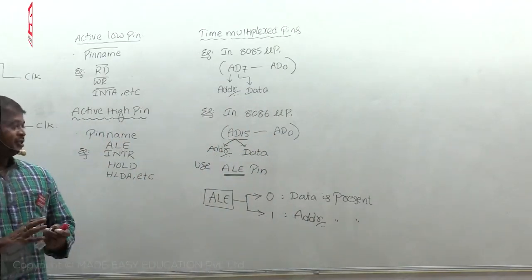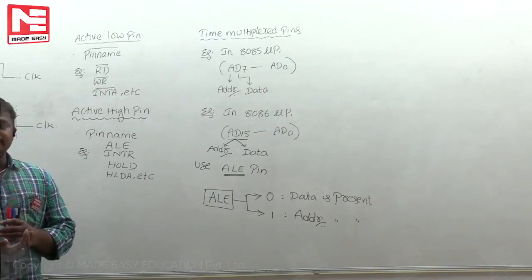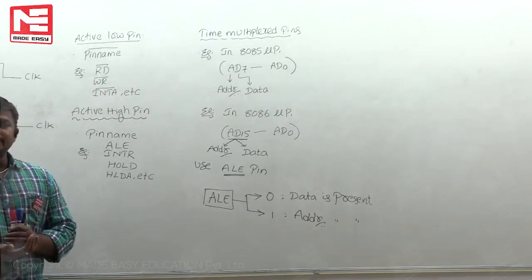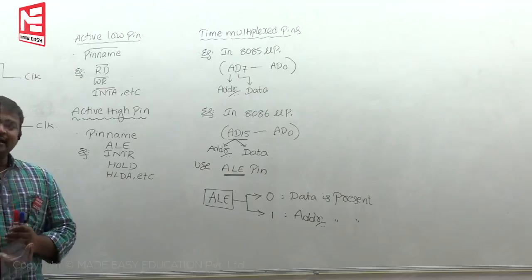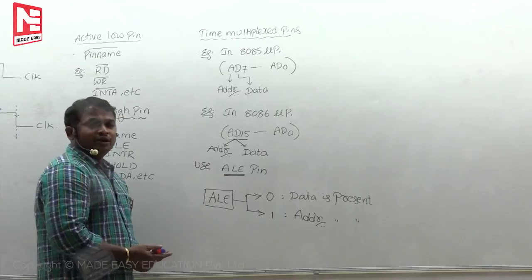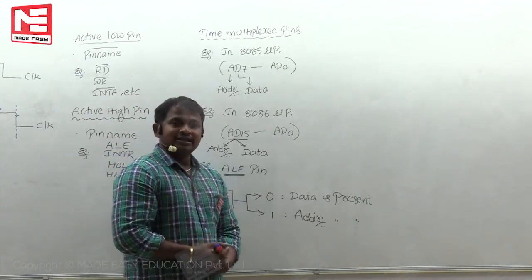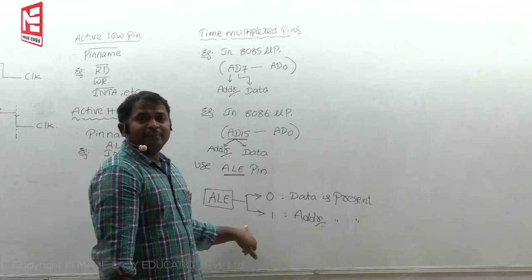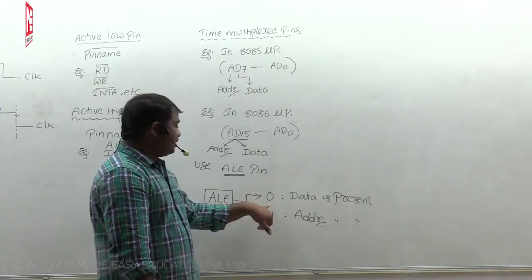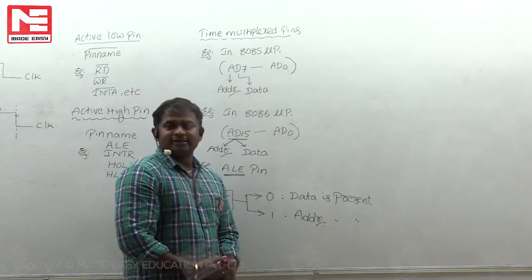When ALE pin is 0, data is present. When ALE pin is 1, address is present. So time multiplexed pins are used to carry the address and data, but not at the same time. At what time address is present and at what time data is present is decided based on the ALE pin status. When ALE pin is 0, data is present. When ALE pin is 1, address is present.